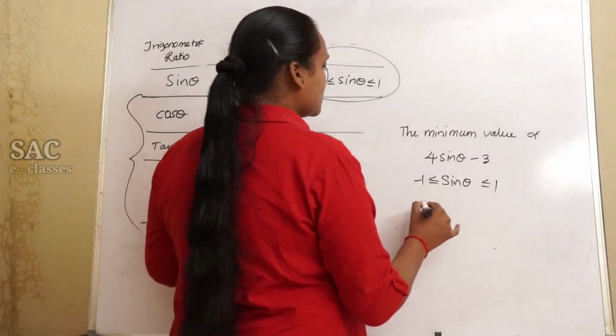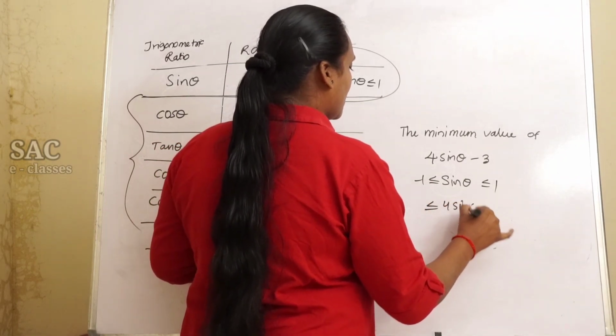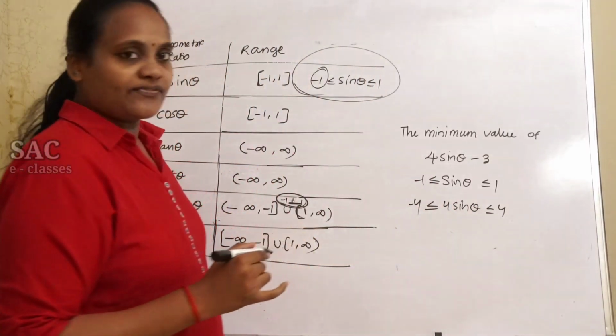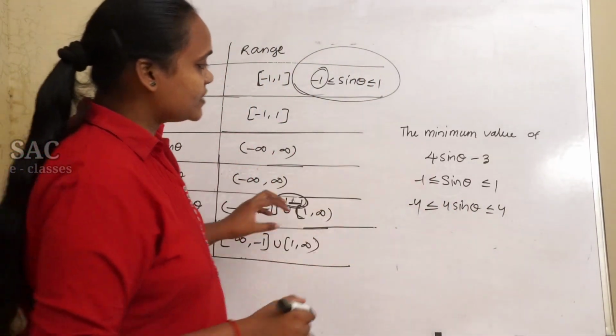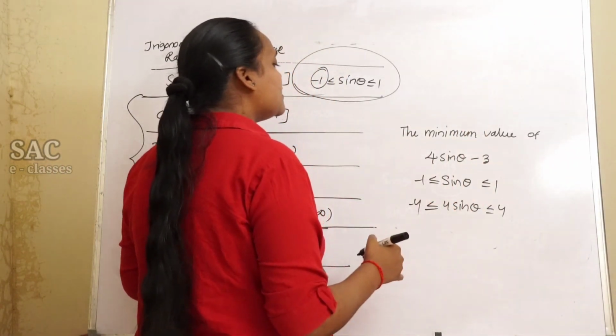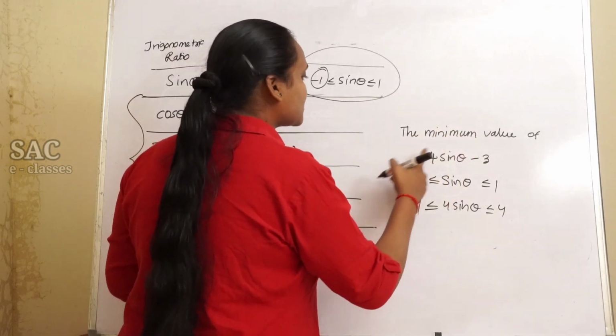So simply let me take a 4, by multiplying both sides of the inequality by 4. Later, do you want 4 sin theta, or minus 4 sin theta, or 4 sin theta minus 3? I want 4 sin theta minus 3.